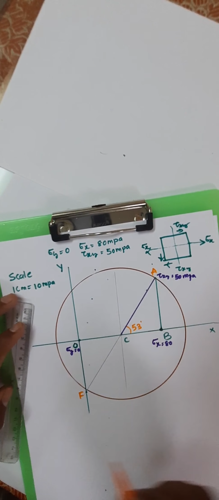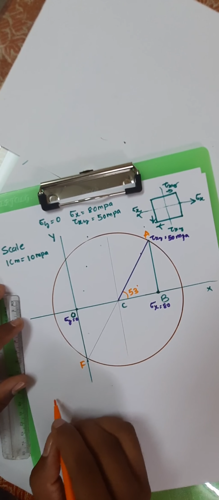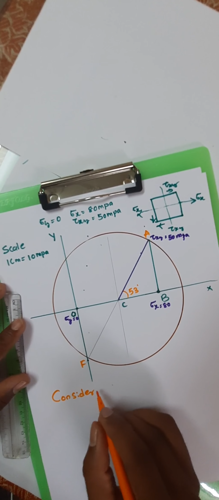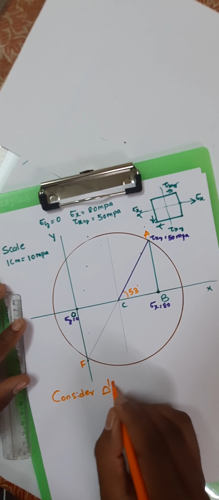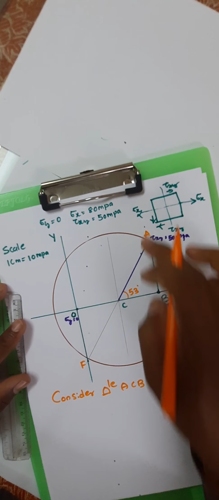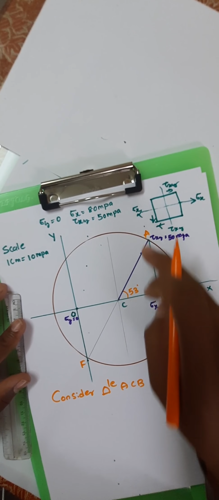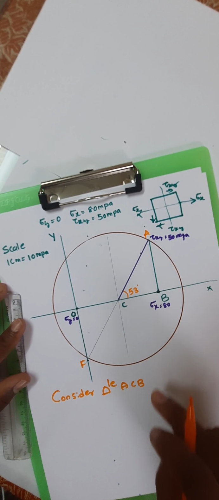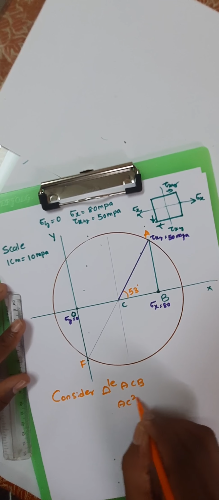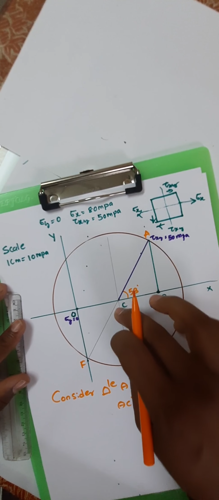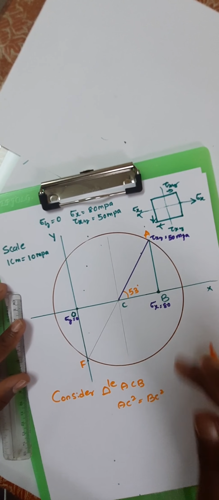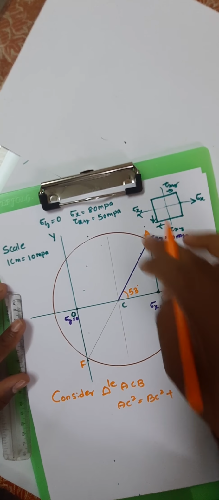Consider triangle ACB. As per the Pythagoras theorem, AC square is equal to BC square plus AB square.